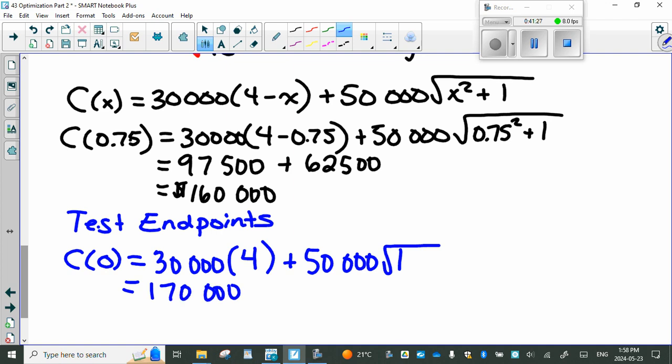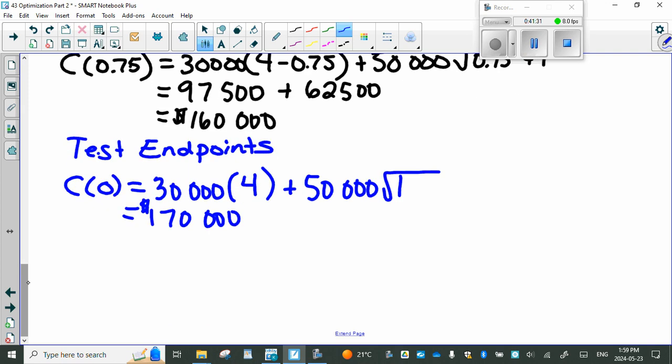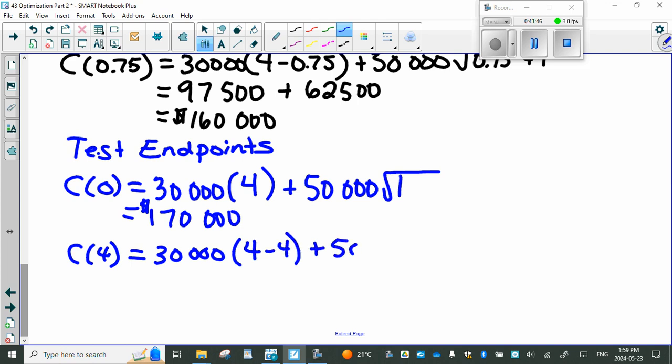So far this is a minimum, but we also want to test C at 4, which would be going all the way underwater, which probably is not going to be cost effective, but we'll figure out whether it is or not. 30,000 times 4 minus 4 plus 50,000 times the square root of 4 squared plus 1. So that's going to be 0.